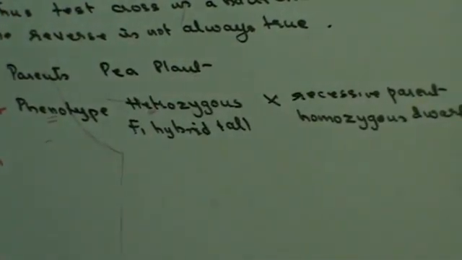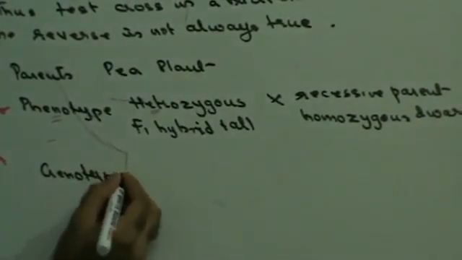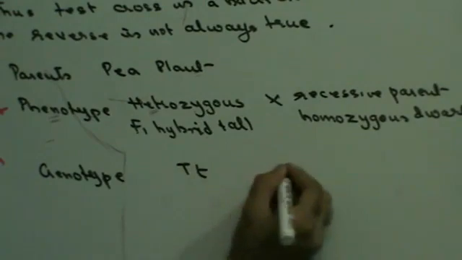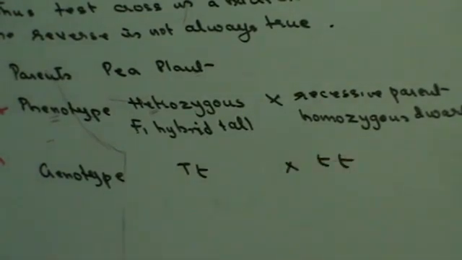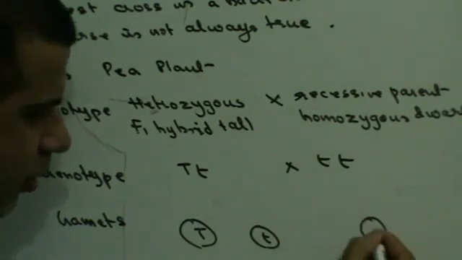Right? That's my phenotype. Genotype will be Tt and tt. Gametes are going to be T and t here, and here you are going to have only t.